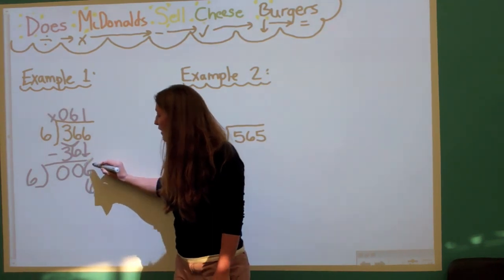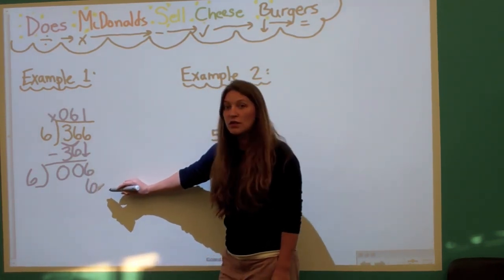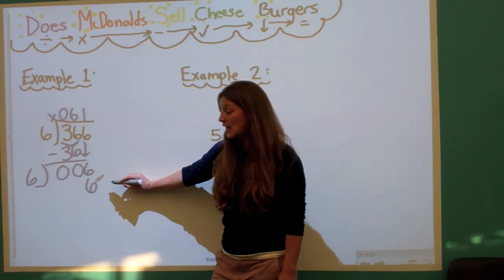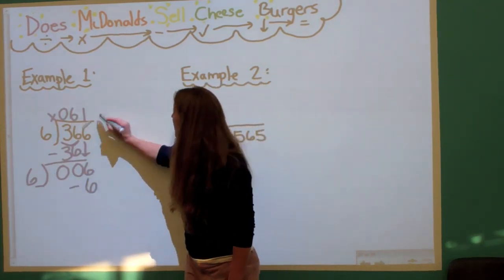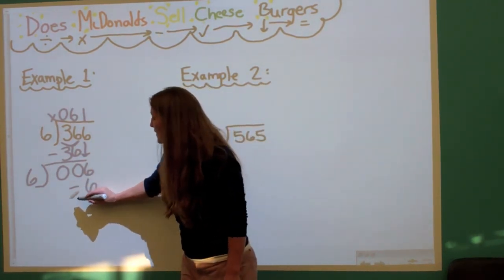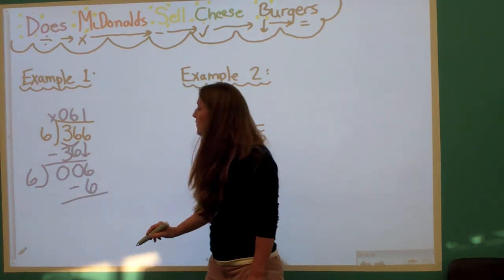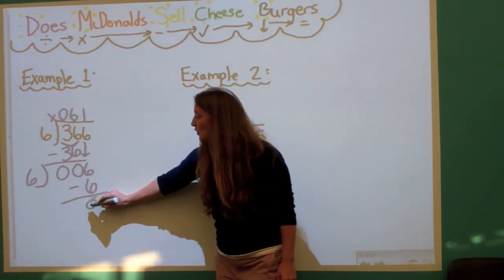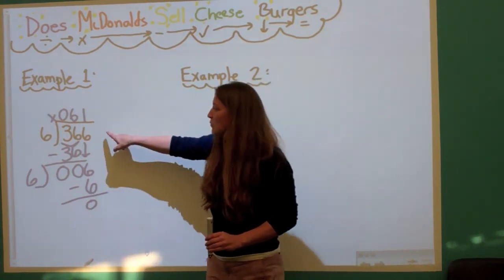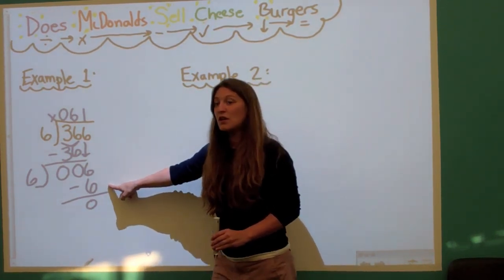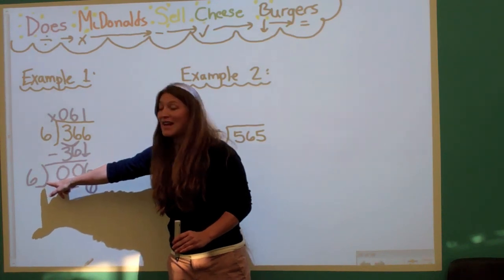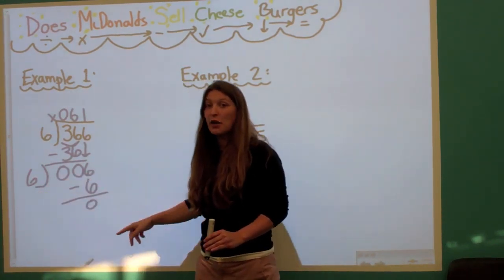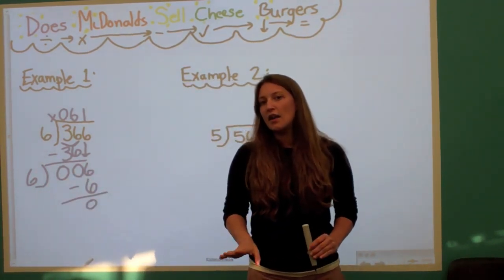And I'm going to write that again right below the 6 that I just divided. My next step is to subtract, so I put my subtraction symbol, and I subtract 6 from 6, and that gives me 0. I don't have any more numbers to bring down, and I know that I can't put 6 into 0, so my problem is done now.